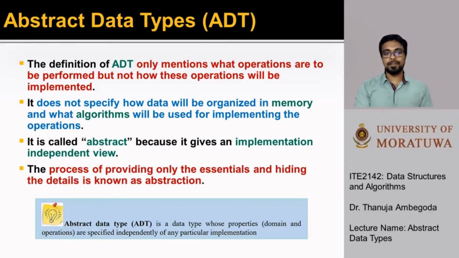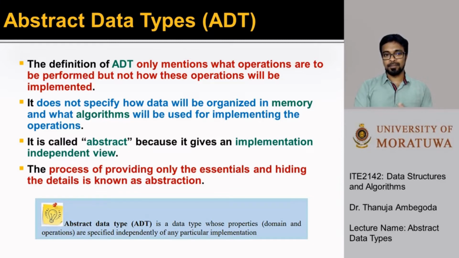In the definition of abstract data type, ADT in short, an ADT is a data type whose properties, domain, and operations are specified independently of any particular implementation. So an ADT only mentions what operations are to be performed, but not how these operations will be implemented.